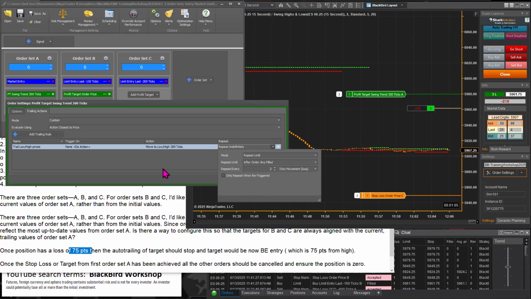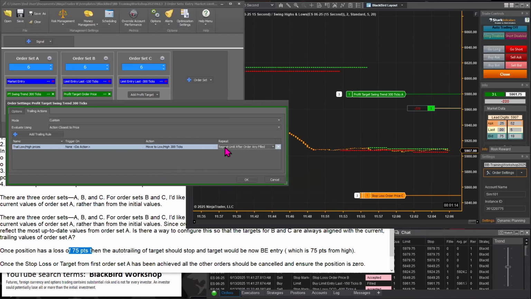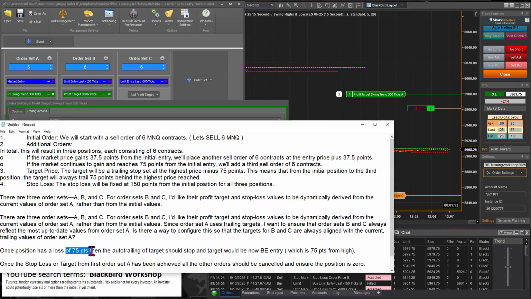I'll just leave it at 2. So there we go. Our repeat is changed to repeat until our limit entry order for C is filled, and this limit entry is sitting at this 75 points here.